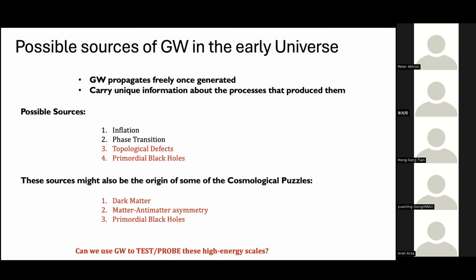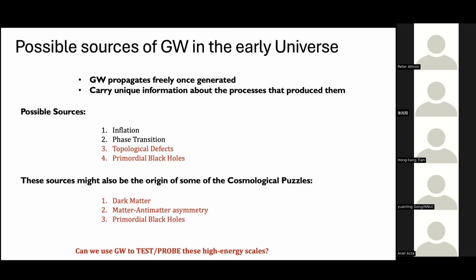Now, what could be a possible source of gravitational waves in the early universe? What we know is that gravitational waves propagate freely once they are generated, and they do not interact with anything. So that's why they carry unique information about the process which produced them. What could be the possible sources in the early universe?